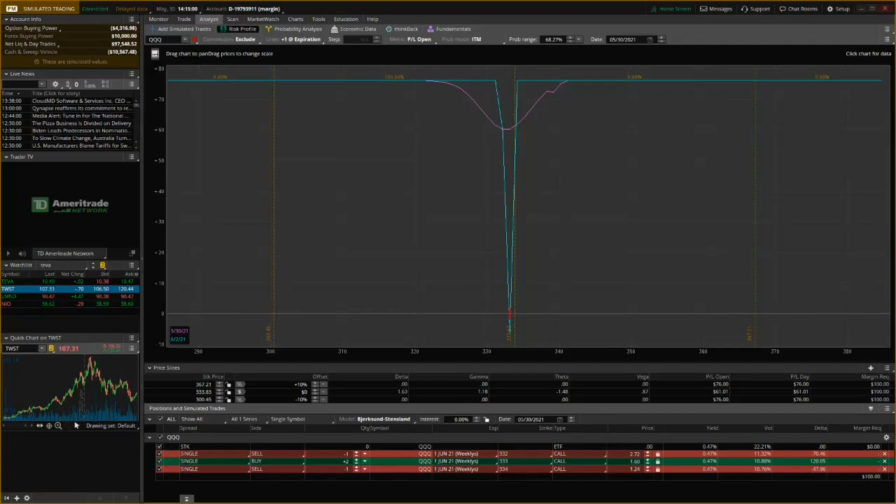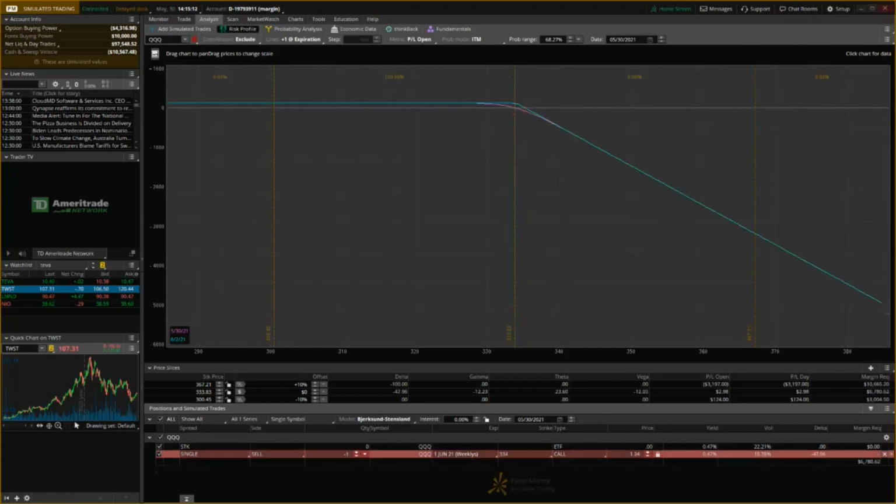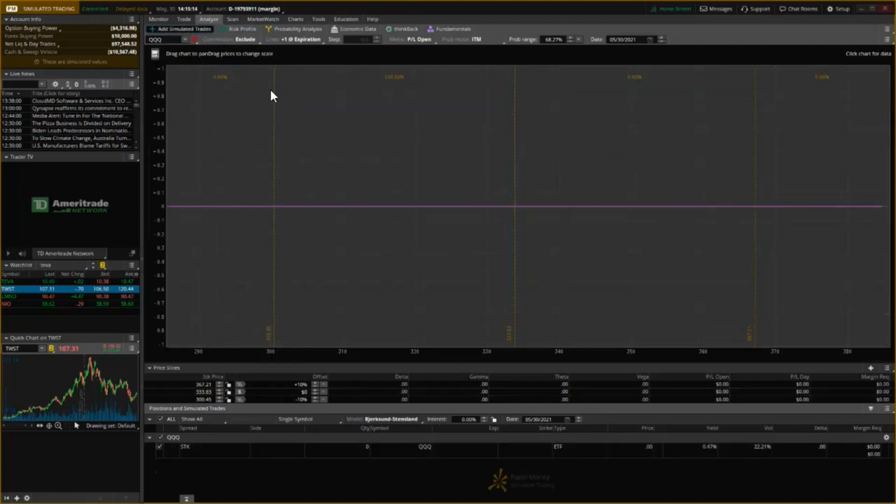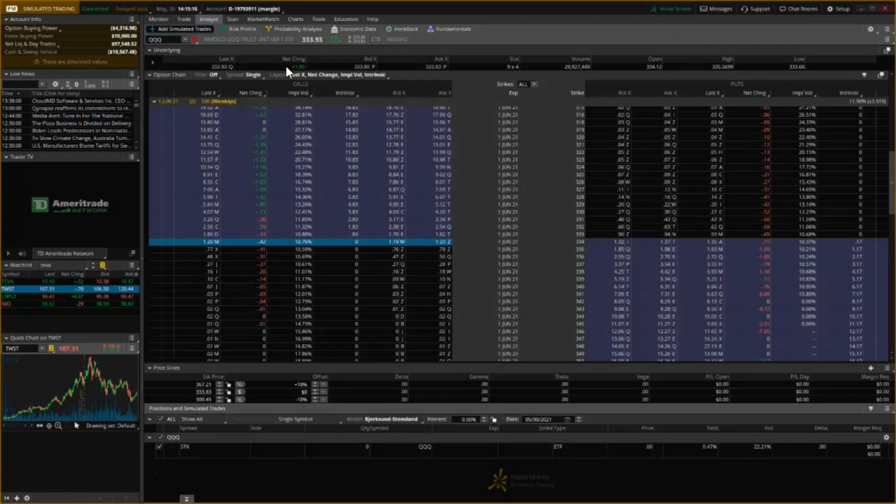Now, after I've said that, let's see another example. The opposite: when we're pretty sure that the market is going to stay stable and nothing's going to happen, and we're certain that the market is going to expire at 333, we can do the opposite.